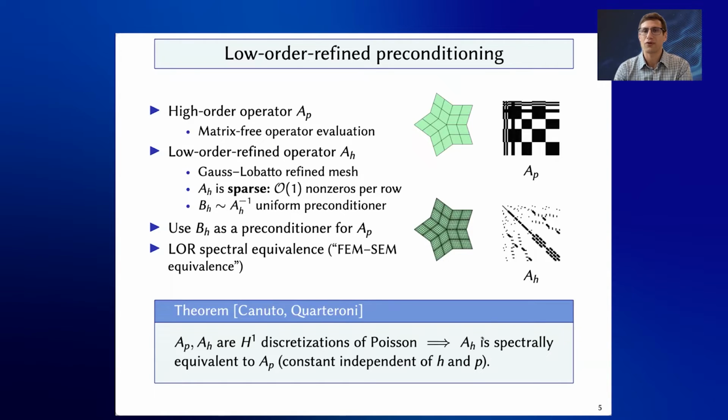So if you construct a good preconditioner for this low order sparse matrix, you'll get uniformly good convergence, independent of the problem size and the polynomial degree, when you apply it to AP.